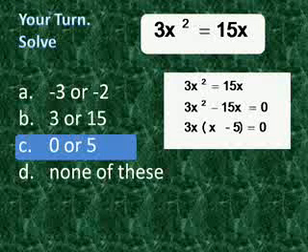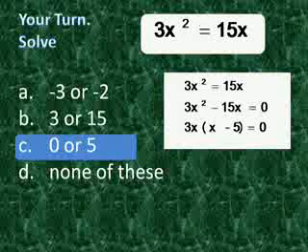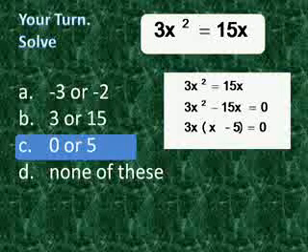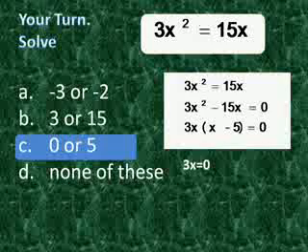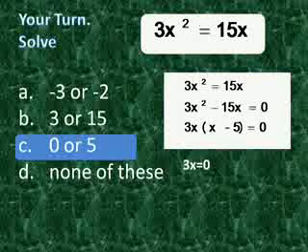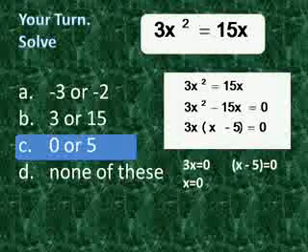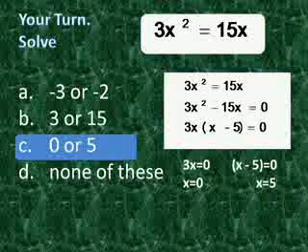First you have to subtract 15x from each side, then factor the greatest common factor 3x. Then solve each factor. So 3x is 0, divide by 3, x is 0. If x minus 5 is 0, then x is 5.